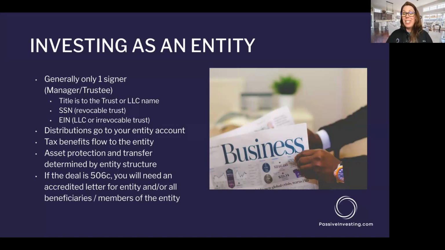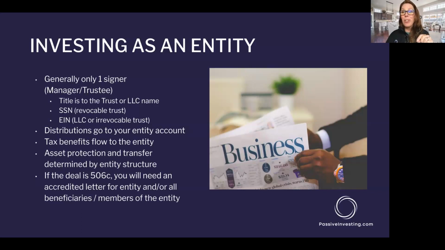Now we're getting into some tricky territory. We don't check this. This is you handling your affairs in your estate, so you want to make sure that you're compliant. Your distributions should go to whatever that entity account is. So if you invested through a trust, the distributions should go back to your trust account.